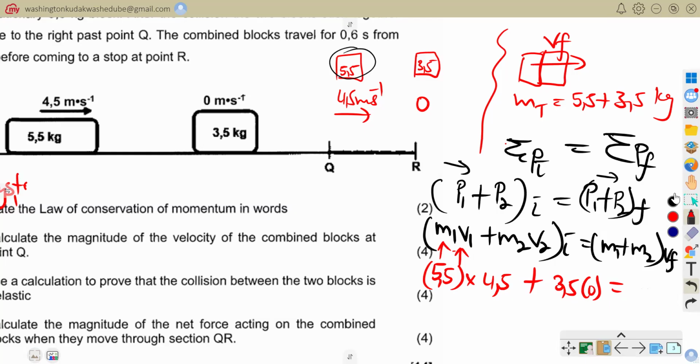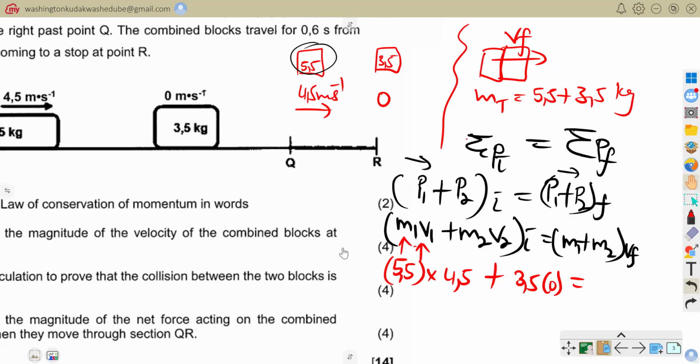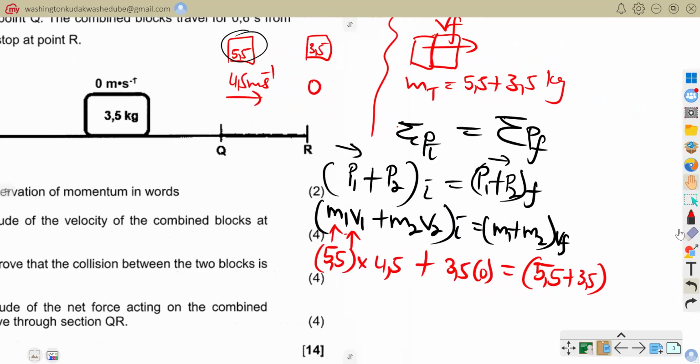Equal to. Now we get to add our two masses, 5.5 plus 3.5, and then this is where we are saying we are looking for our final velocity.